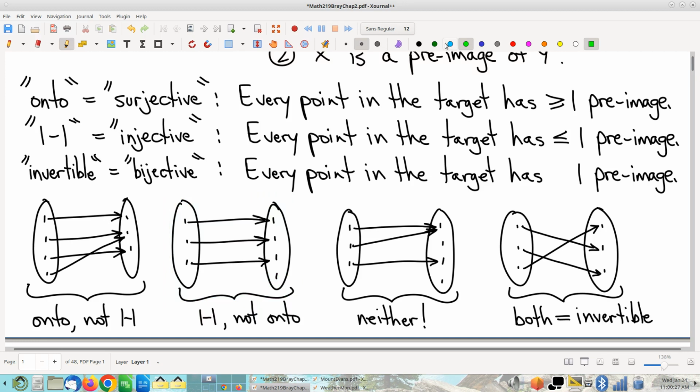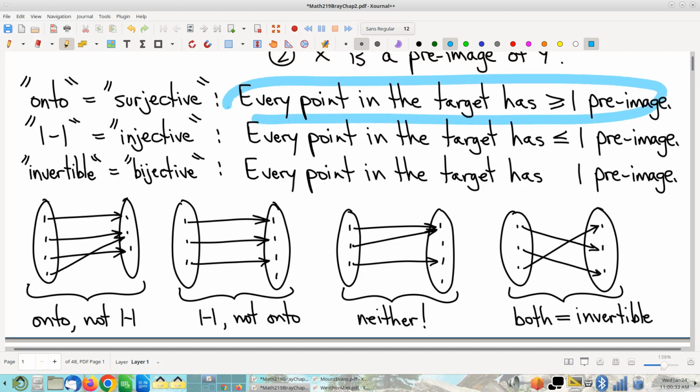And so there are functions that only do the one or the other. So if every point in the target has at least one pre-image, we say that is an onto function, otherwise known as a surjective function, such as this example right here. You can see every point in the target has indeed at least one pre-image.